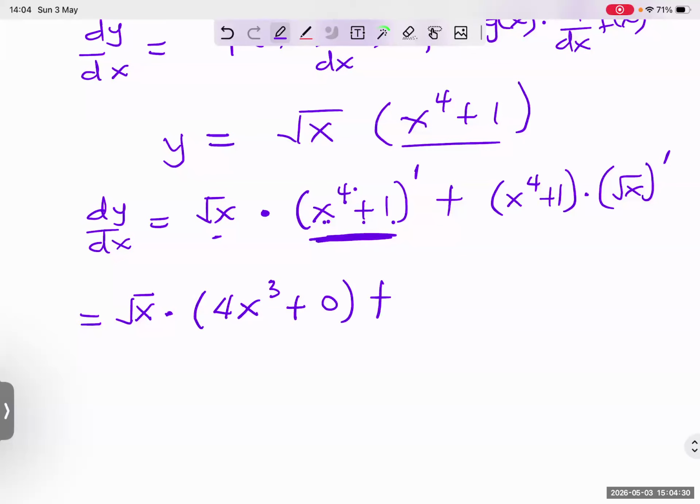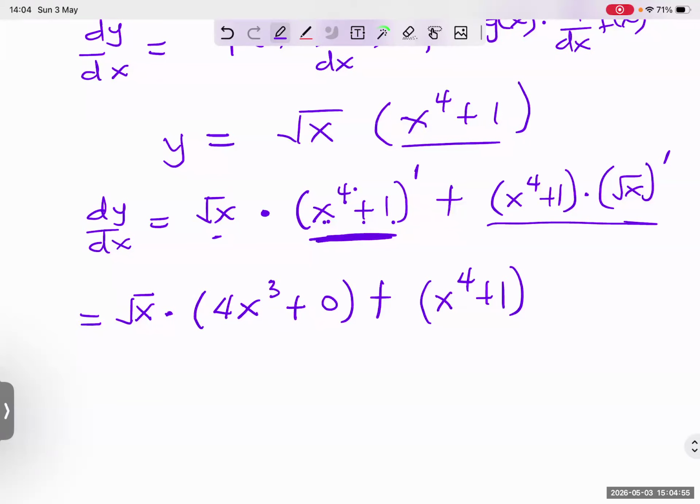Then we go to the second part. All right, so we're going to differentiate or simplify what we have there. We kept x^4 + 1 constant. And now we have to differentiate root of x. Root of x in its state is not in the power form, so we cannot use the power rule. However, we can switch it into the power form.